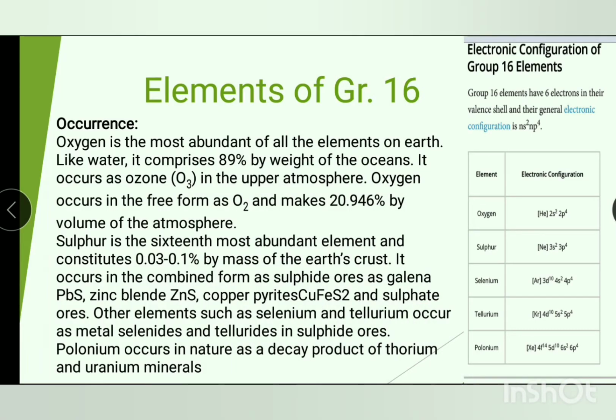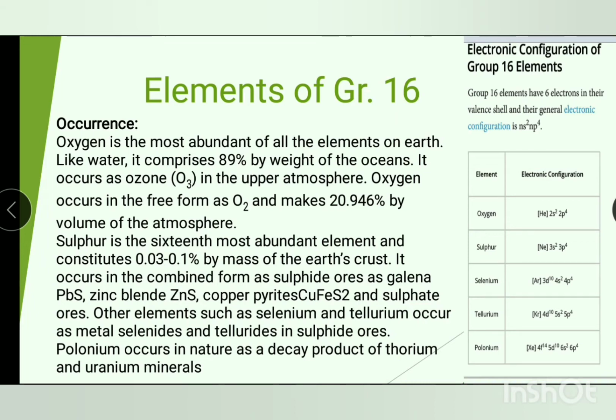First, we see the elements of group 16. These elements are oxygen, sulfur, selenium, tellurium and polonium. All these elements constitute group 16 in the periodic table.